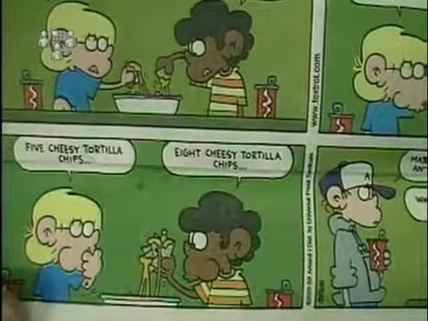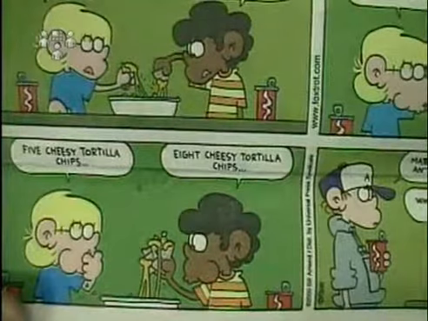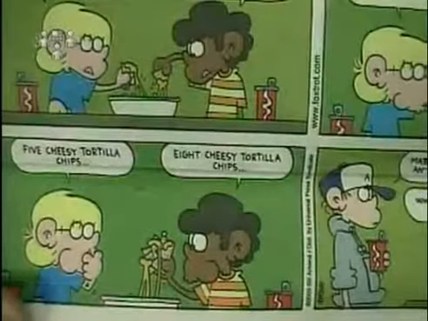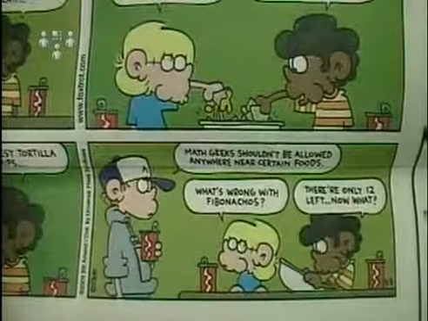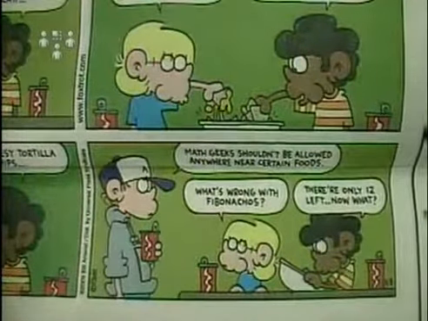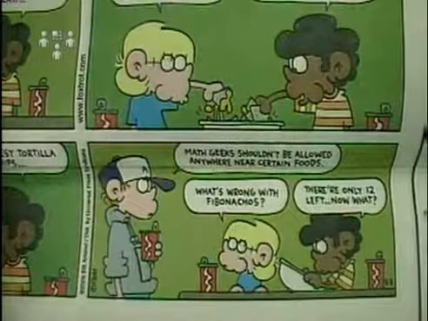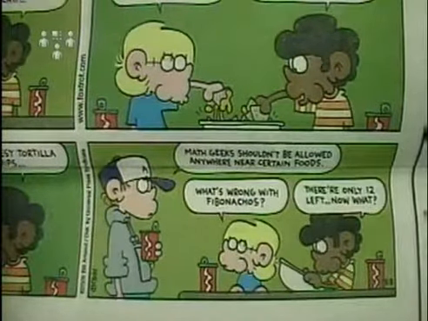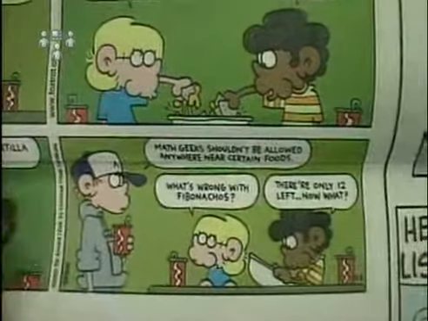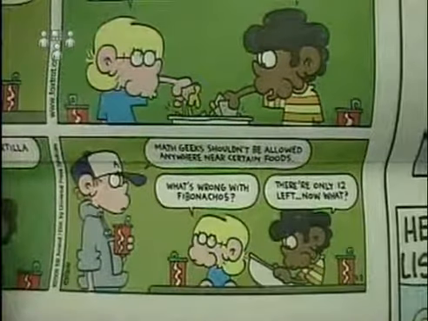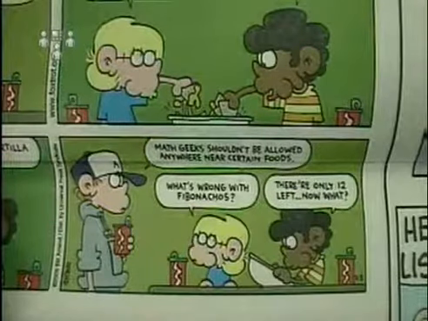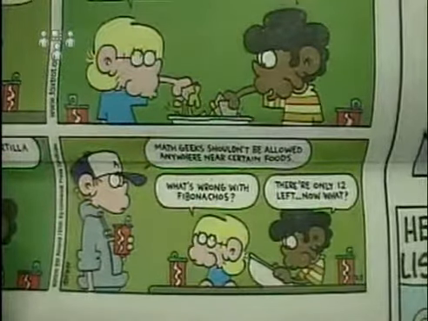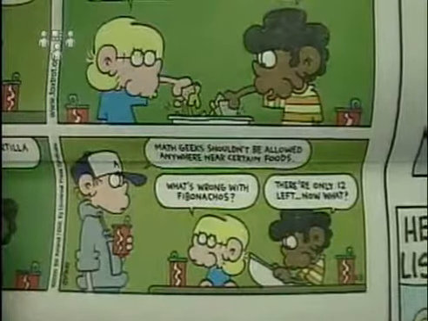Do you recognize the pattern? 1, 1, 2, 3, 5, 8. Math geeks shouldn't be allowed anywhere near certain foods. The question she asked, what's wrong with the Fibonacci nachos? And he responds, there are only 12 left. Now what? Because what's the next Fibonacci number? 13. Yes! You got to love this.